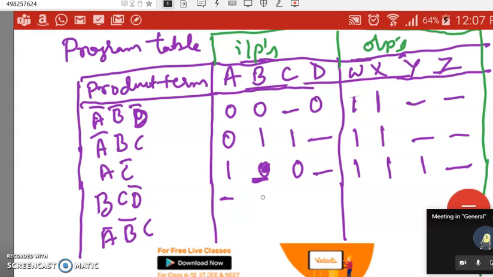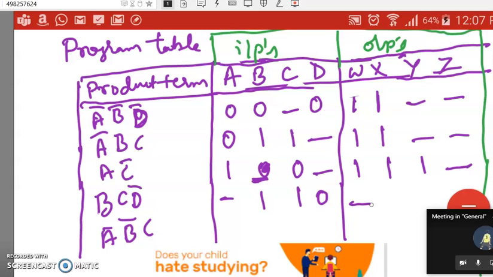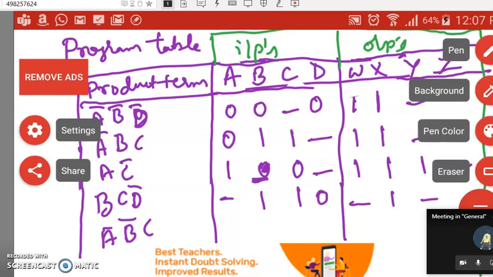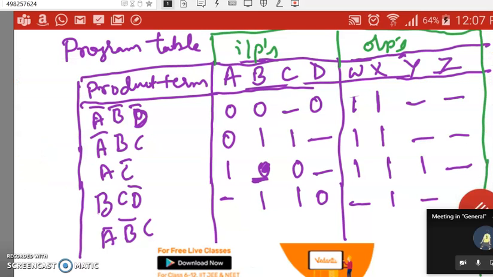So dash, B is there, C is there, D bar, so 0. This is not there in W, it is there only in X, it's not there in Y, and it's not there in Z. You got this point? This is how you need to write it for all the product terms.